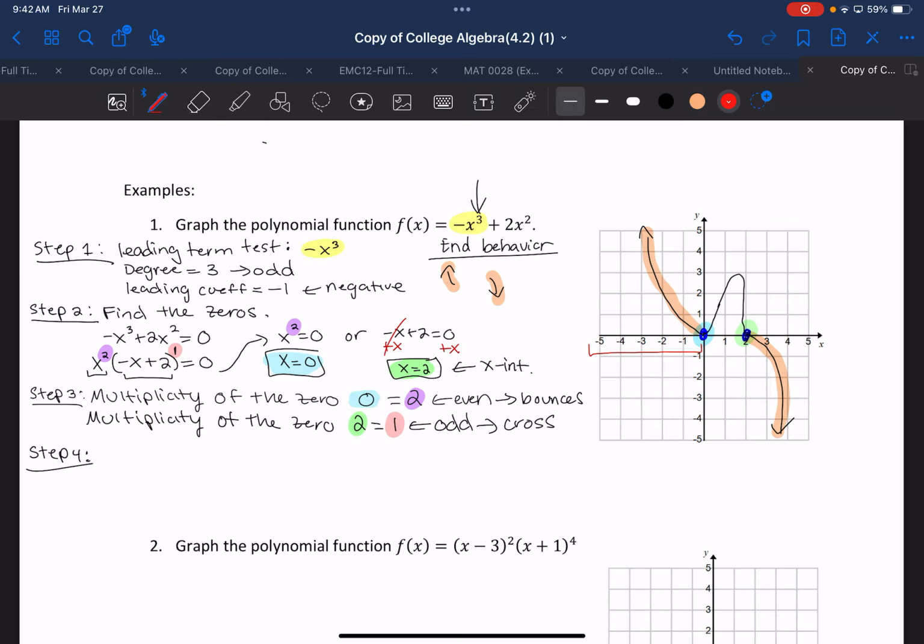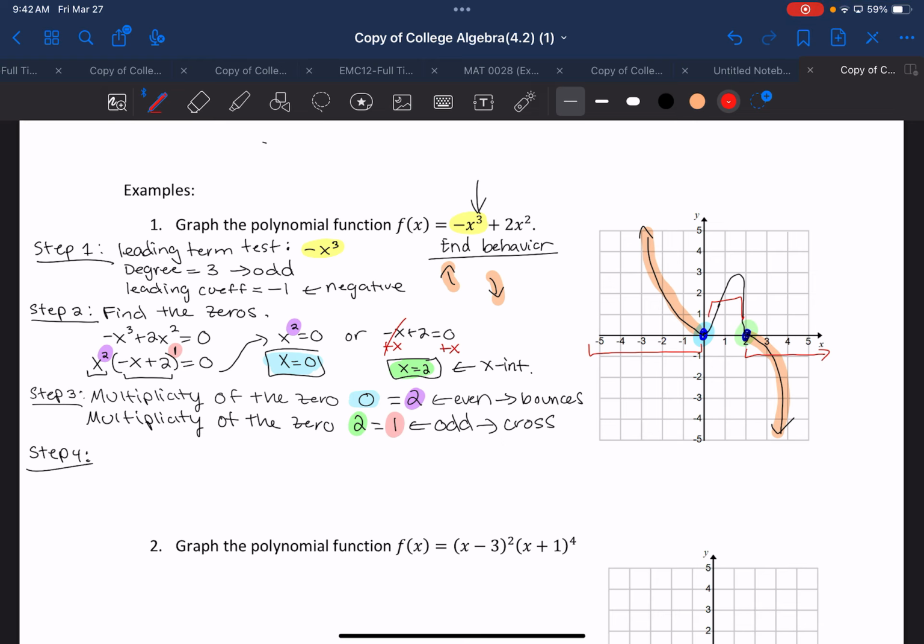And then the next interval would be from 0 to 2, between those two x-intercepts. So I could plug in 1 and get a point for that interval to get a more definite shape. And then the last interval is from the last x-intercept, 2, to positive infinity. So I could plug in a value there and get another point.